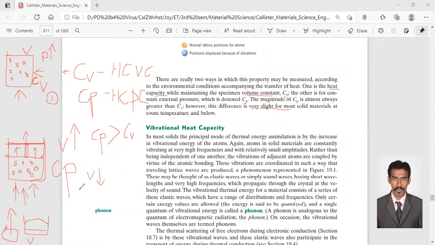The thermal expansion coefficient, which we will study in later stages, is on the order of 10 to the power -6 or -5. So the change in volume, length or area would be very small, particularly for solids. This is why, for most solid materials at room temperature and below, the difference is slight. Cp is greater than Cv, that's true, but the difference between Cp and Cv is very, very low.